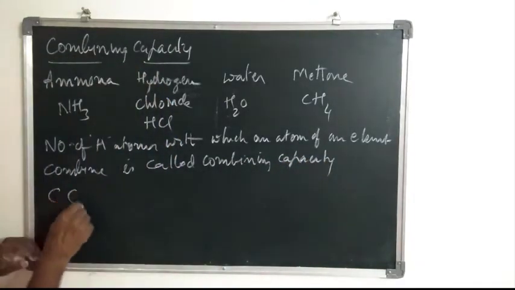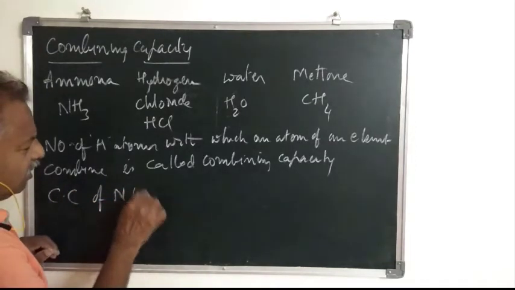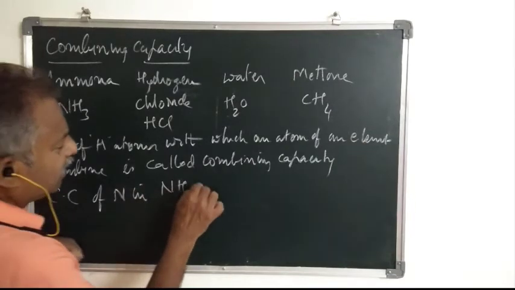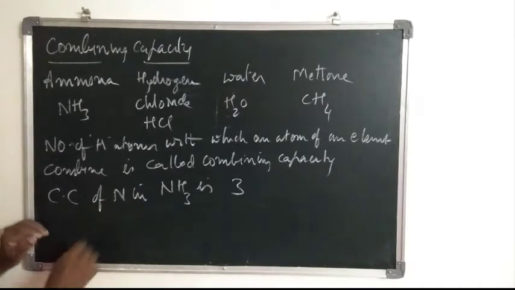So CC means combining capacity. Combining capacity of nitrogen in ammonia is 3 because one nitrogen atom is combining with 3 hydrogen atoms.